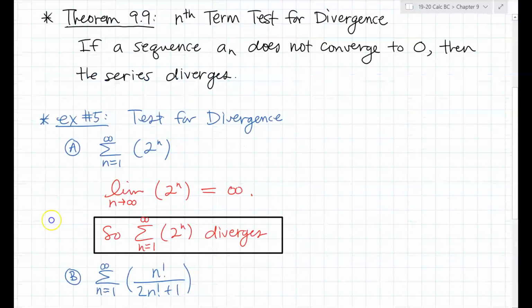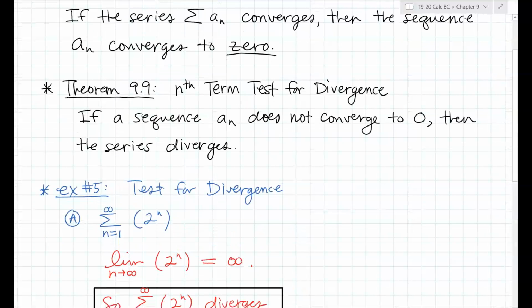Look at the theorem. It specifically states that if it doesn't go to 0, it diverges. Does it say anything about if this happens, then it will converge? No. This theorem is very specific. So that's why I told you guys, sometimes in our brain, we say, well, it didn't do what it said it shouldn't do, so then maybe if it did something else, then the opposite is true.